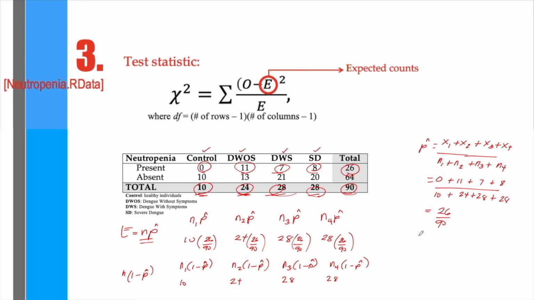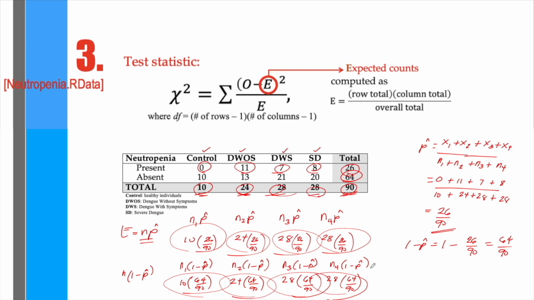And as for 1 minus p hat, since p hat is 26 over 90, then 1 minus p hat is simply 1 minus 26 over 90, which is obviously 64 over 90, which is the sum of this row divided by the overall total, in which all these values are basically the ones represented by the row total times the column total over the overall total of each cell.